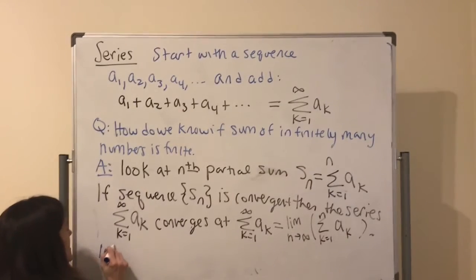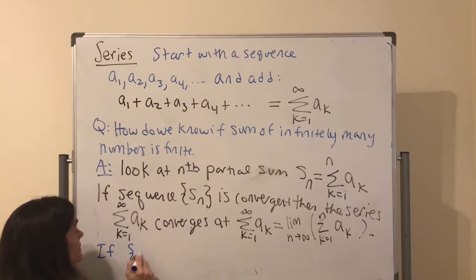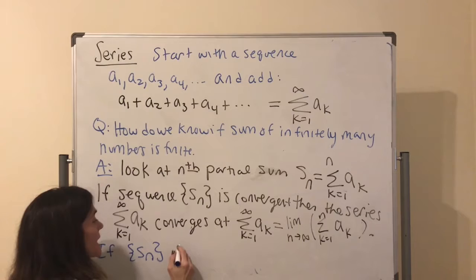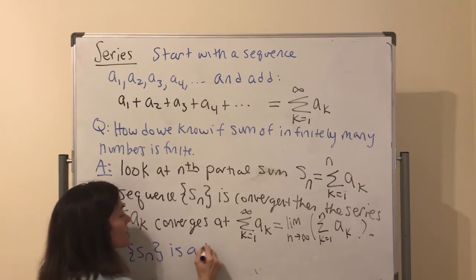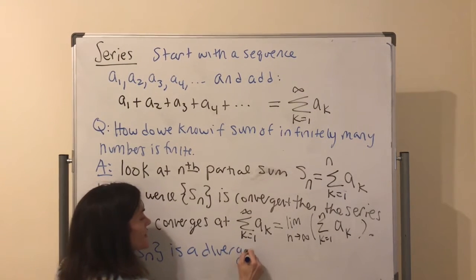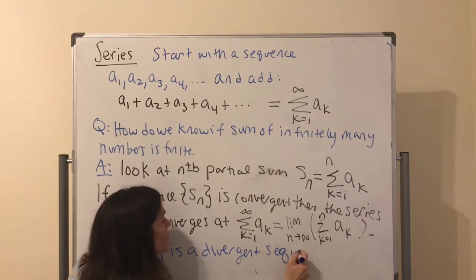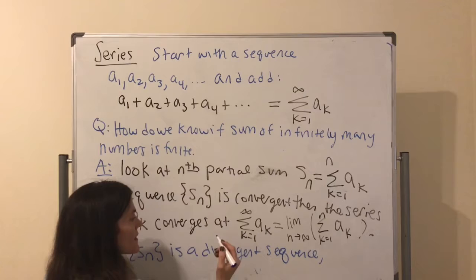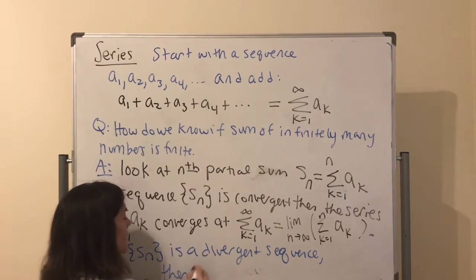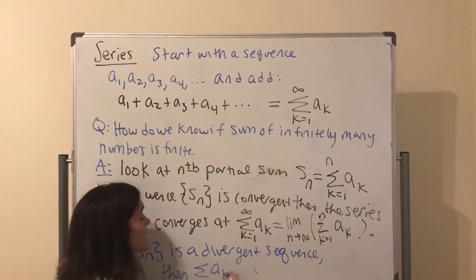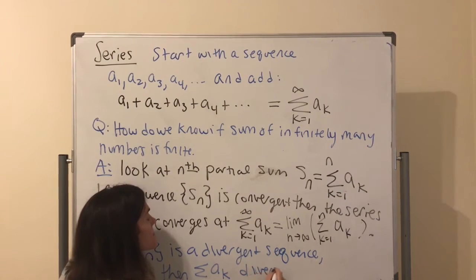So if this is a divergent sequence, then the sum of ak diverges.